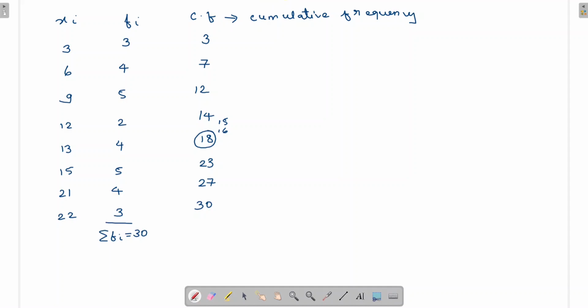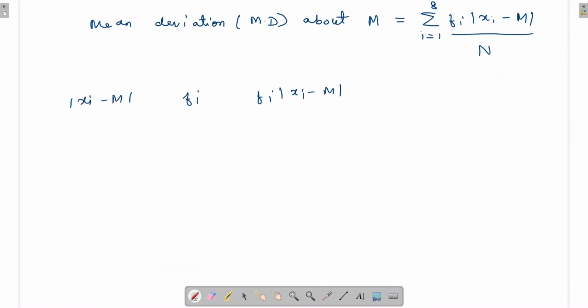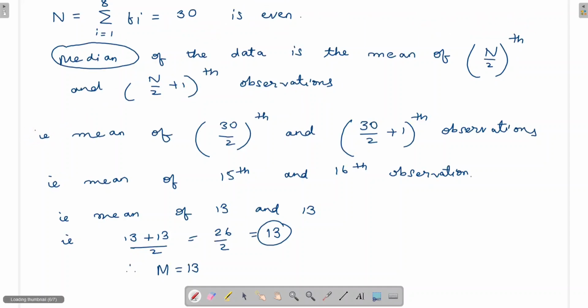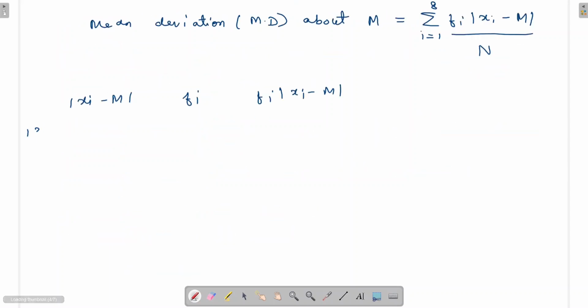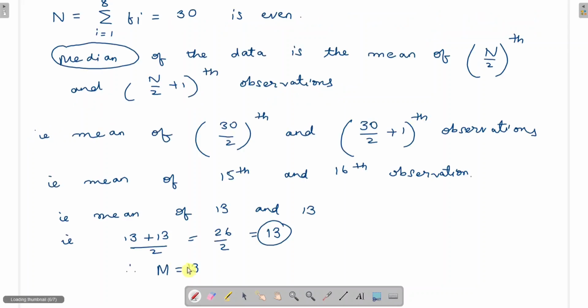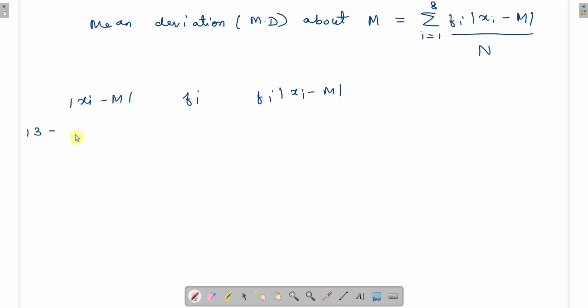So this is easy to find, modulus of xi minus M. One calculation I will show you. See, the first xi is this 3, right? So modulus of 3 minus M. M is 13 here, right?